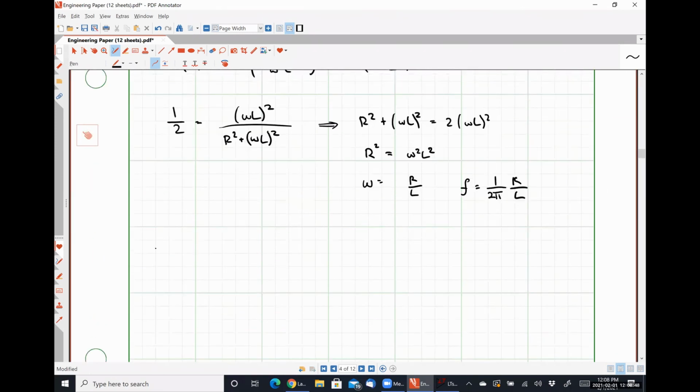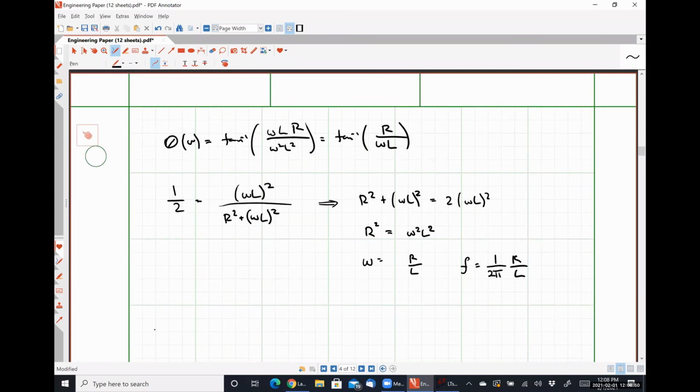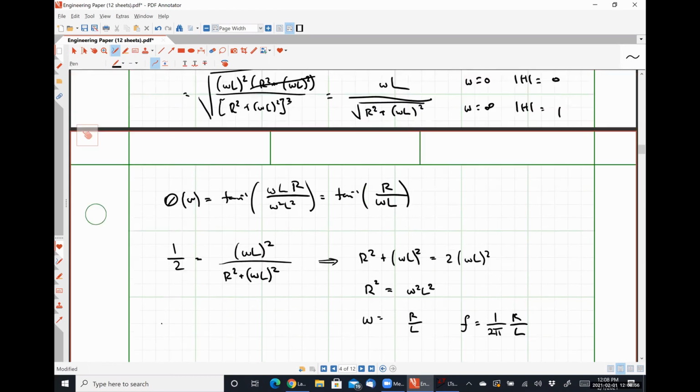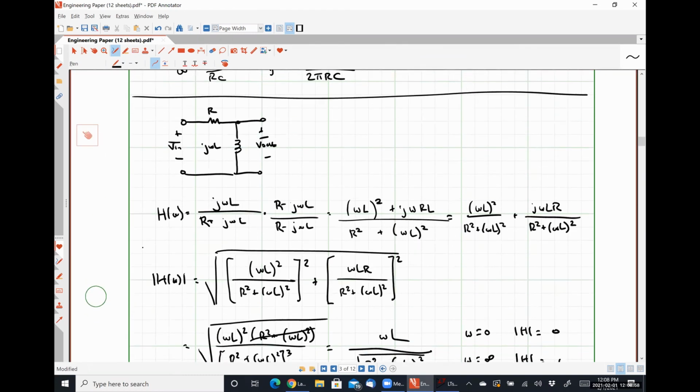Our corner frequency is going to stay the exact same thing. I'll leave it as an exercise for you guys to verify those results, but it's fairly straightforward. It's nothing different than what we just did. It all just stems from the fact that at the very beginning, we're going to have R over R plus j omega L, and then go from there.